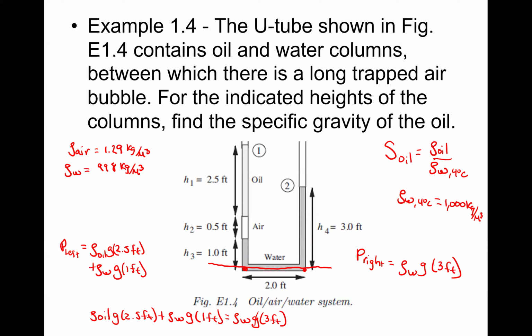First, I can cancel this G by dividing by G. This rho of water, I can move this rho of water to the other side, so instead of 3, it'll be 2. And so that I have rho of oil times 2.5 feet equals rho of water times 2 feet.